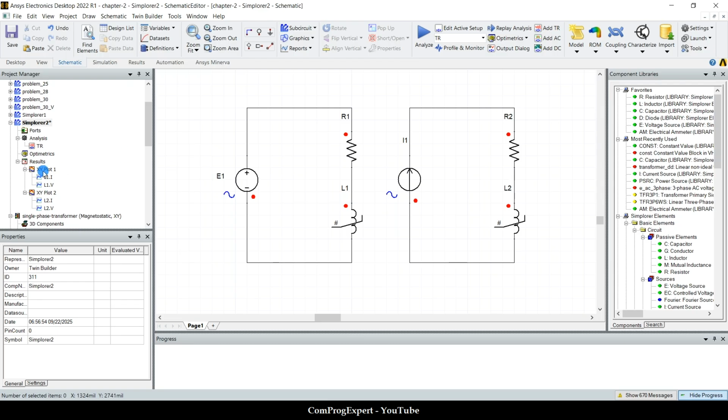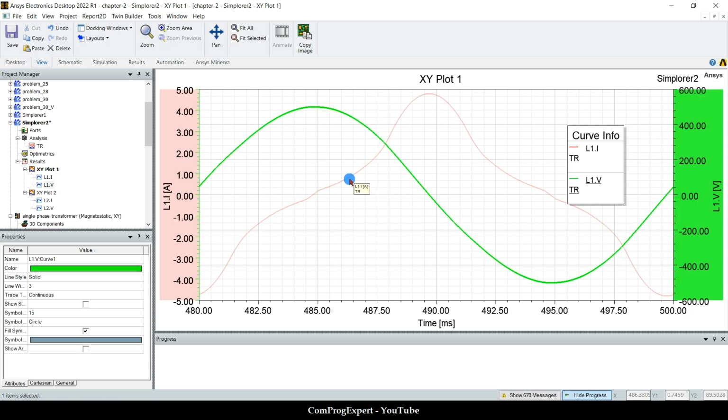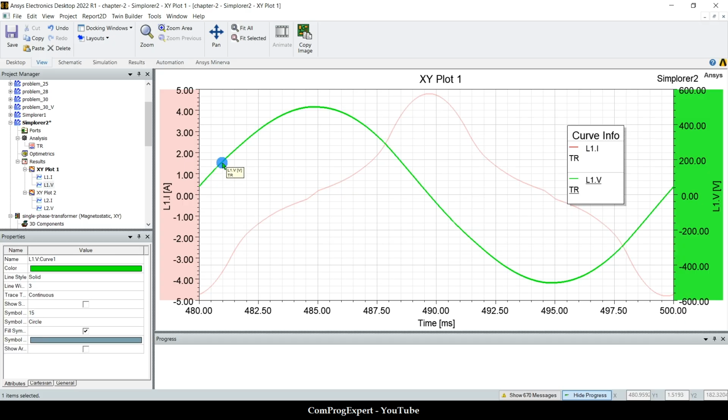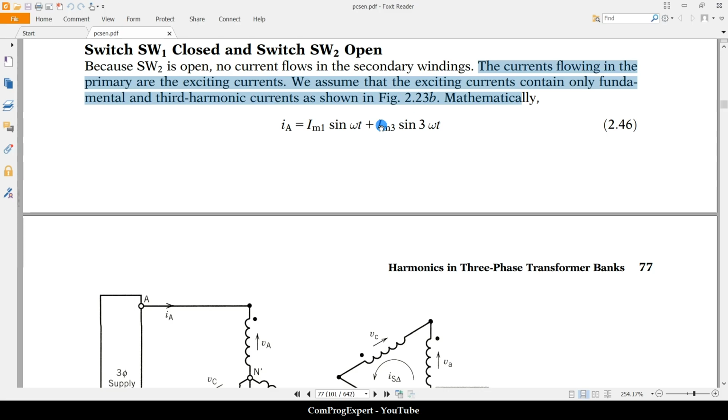Here we did this simulation. This is the voltage waveform and this is the current waveform. So we are applying a sinusoidal voltage, but we have this current waveform. And according to this equation here, we just considered the fundamental harmonic and the third harmonic in the waveform of the current IA.